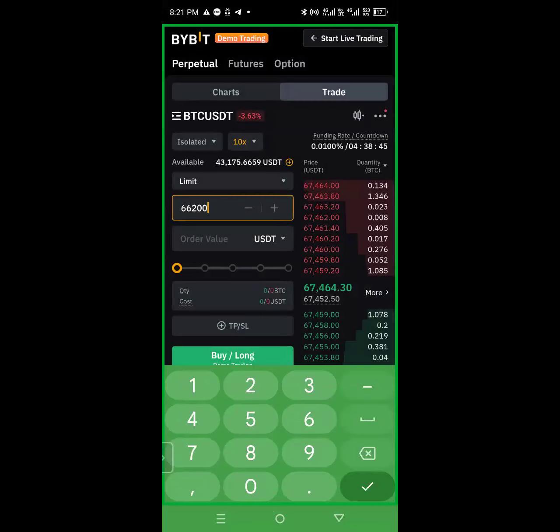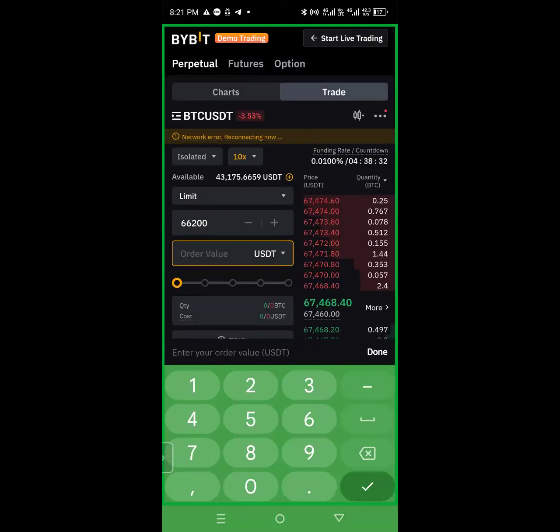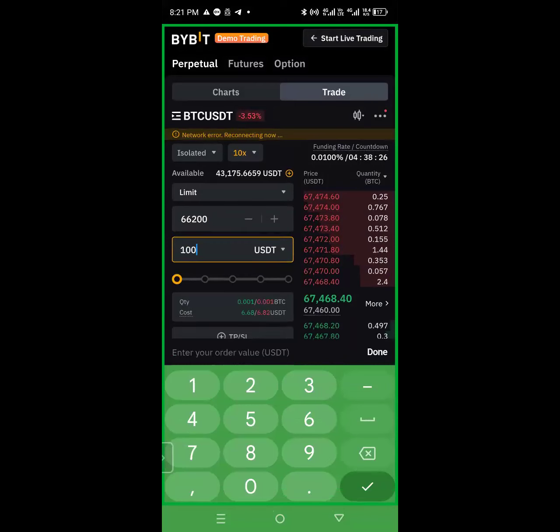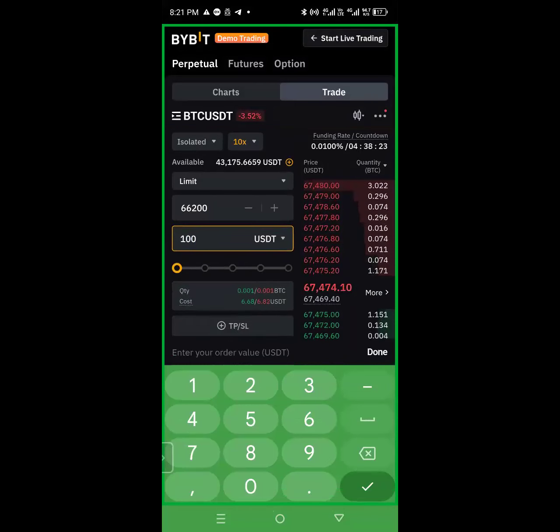So if what you are using is order by value of USD, now 100 here possibly. Below this, there's a cost.